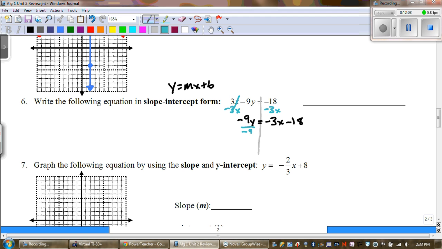I have to get the y all by itself, so I'm dividing everything by -9. Okay, and then we get y equals -3 over -9, a positive 1/3 x plus 2. So y equals 1/3 x plus 2.